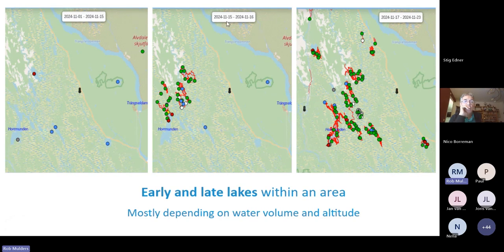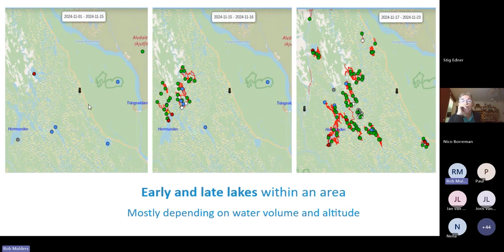Then a few days later, suddenly Hormunden started in the north, because that's the shallow part of Hormunden. And those lakes here, they started with ice too. And then another few days later, the whole of Hormunden was skatable, and the more deep lakes here were skatable too.